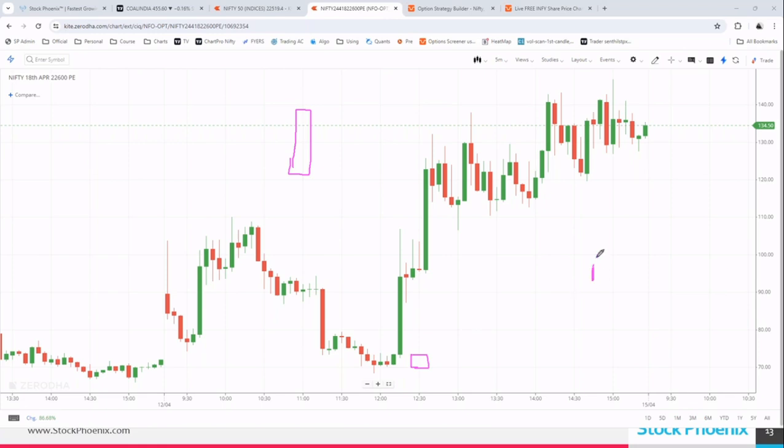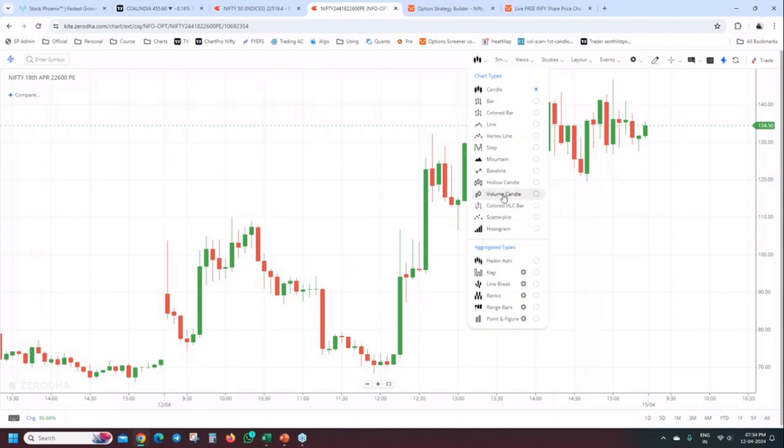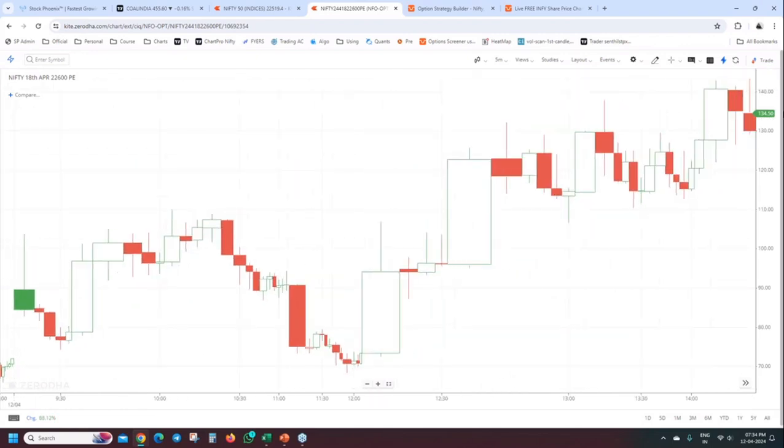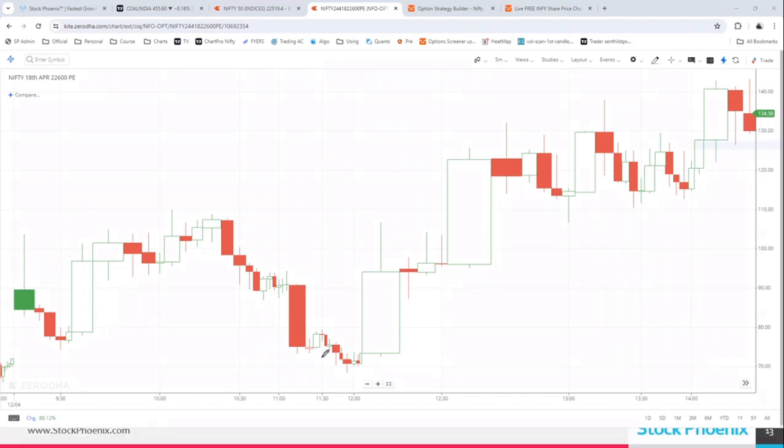Everyone knows what fat is, right? So I'm shifting this to the volume candle. Can you see this? Very little movement. It's not fat, not fat, not fat, suddenly it is becoming fat. This fattiness will come only here, not here. Yes, that is the right place to make an entry.